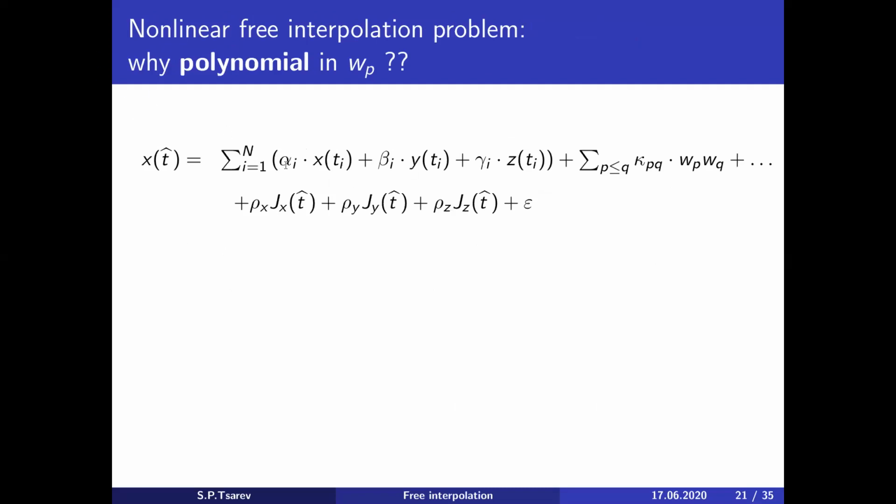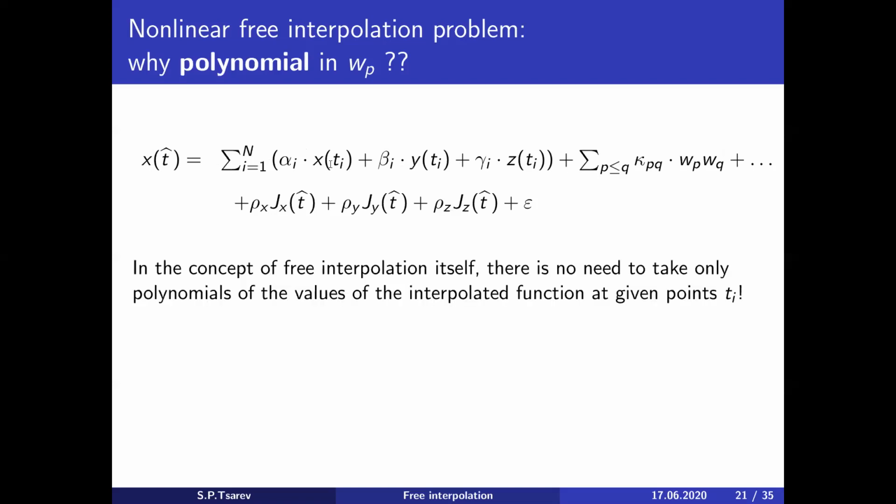Now, dependence of coefficients, alphas, betas, gammas, kappas on t hat is absolutely free. It's a free form functions. But still the right-hand side is linear in x plus quadratic terms in x plus etc., etc. So we still have polynomial dependency, not on t bar, not on t hat, but on the input positions of our satellites.